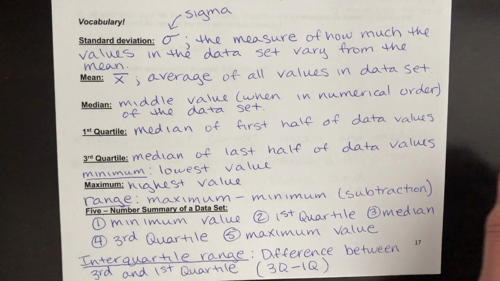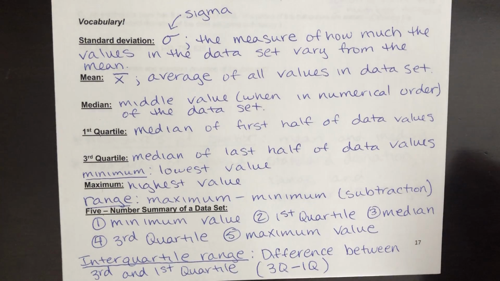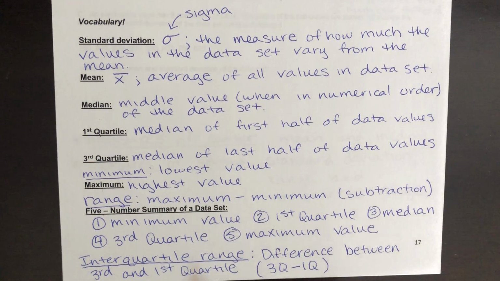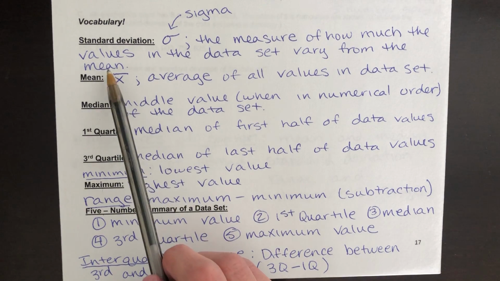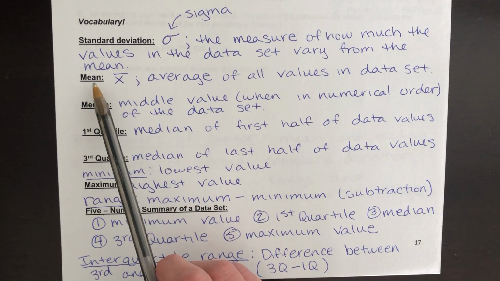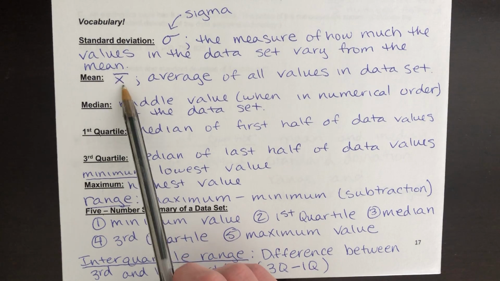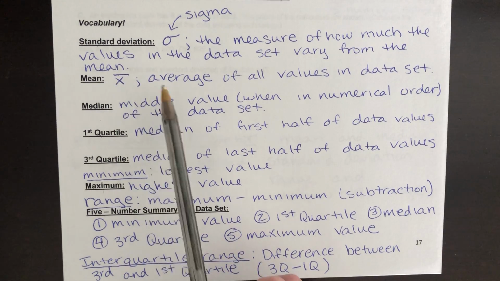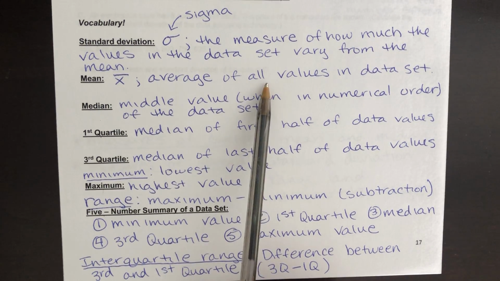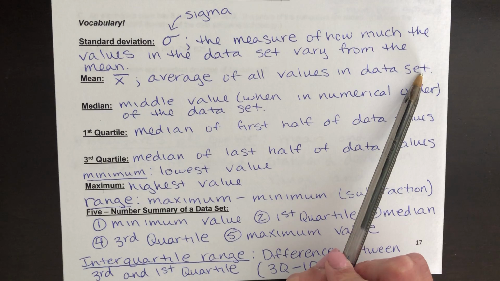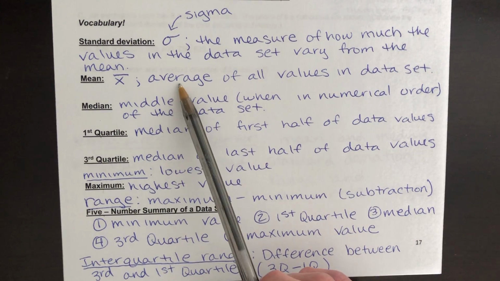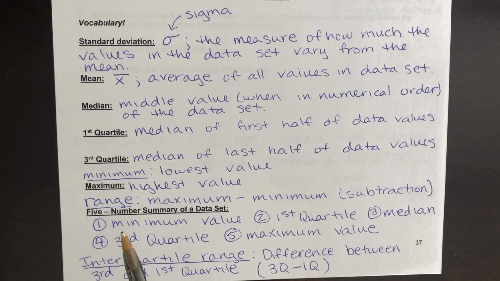So if you're given a string of data, you're going to compare that based on the mean, which is given by this x bar here. That's the symbol for mean, and the mean is the average of all values in a data set. So the average of all values.